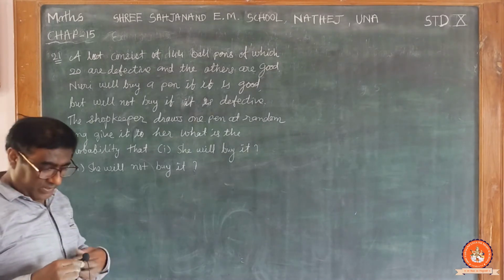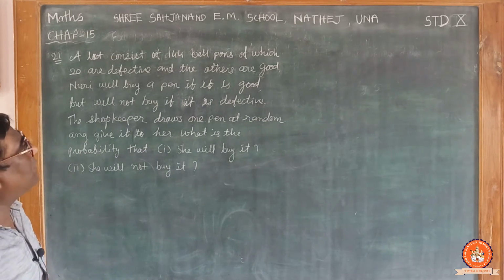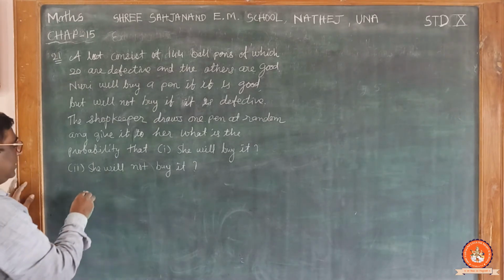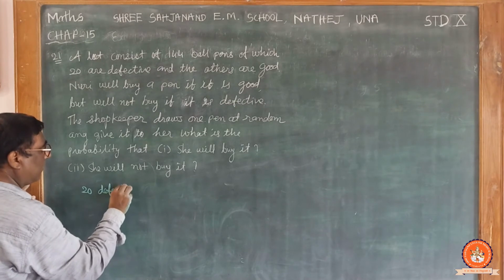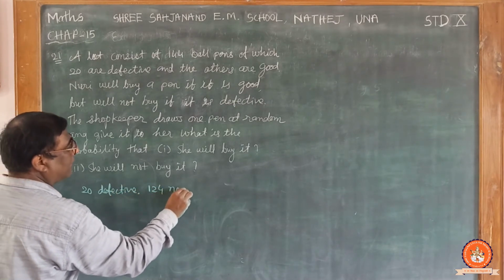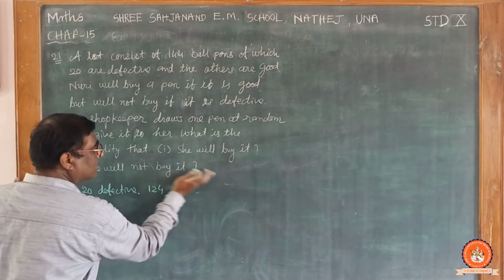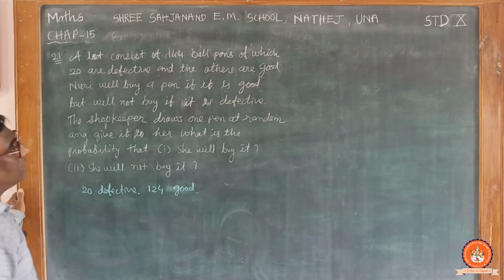Now question number 21. A lot consists of 144 ball pens, of which 20 are defective. So 20 defective, 124 will be non-defective or good ones, and the others are good.